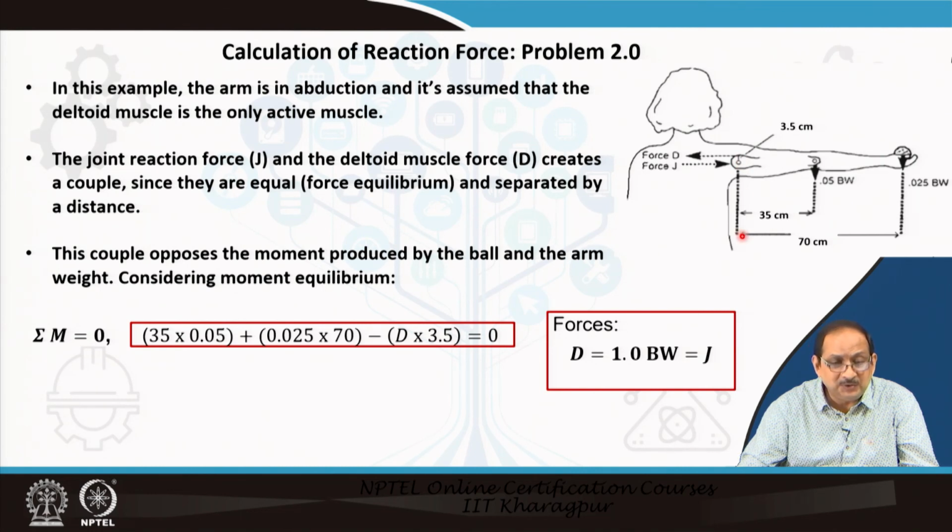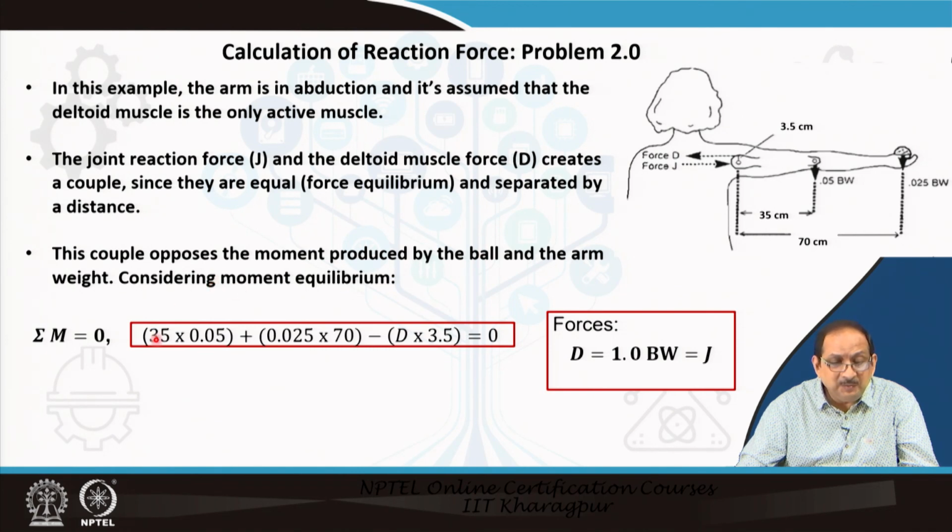of the glenohumeral joint. So, in this case as well, we will be considering the moment equilibrium, because here also the couple opposes the moment produced by the ball and the arm.